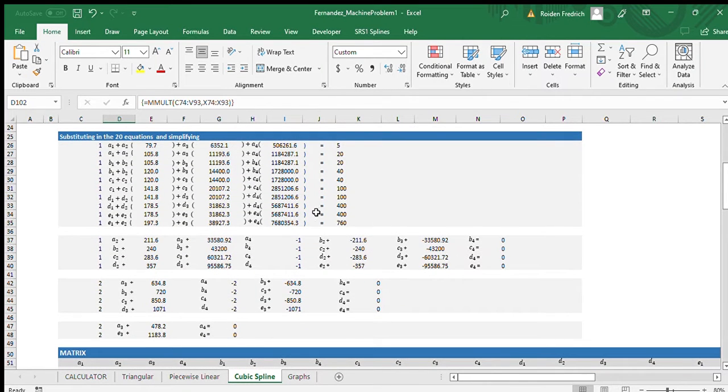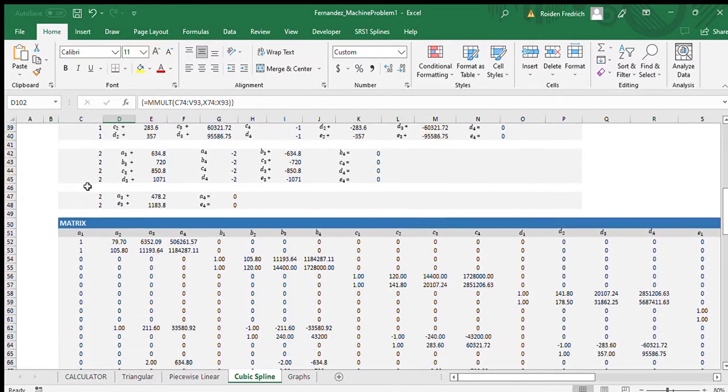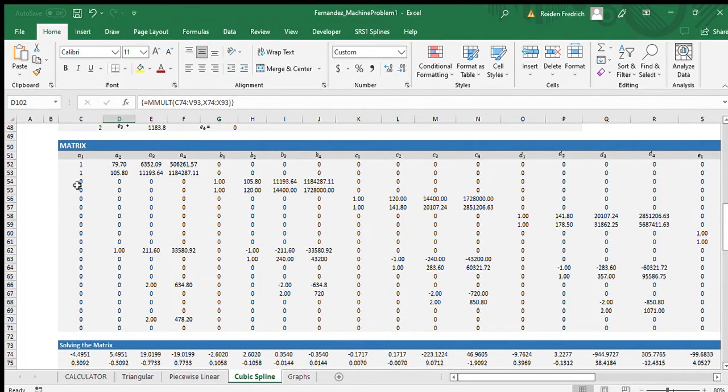By substituting the given data in the 20 equations and simplifying, we will have these equations. Writing out the 20 equations into the matrix form, we'll get this matrix.